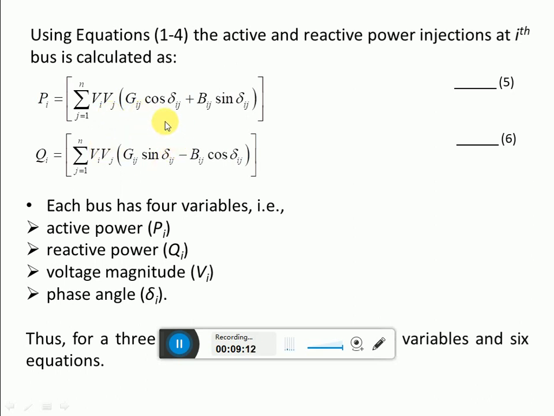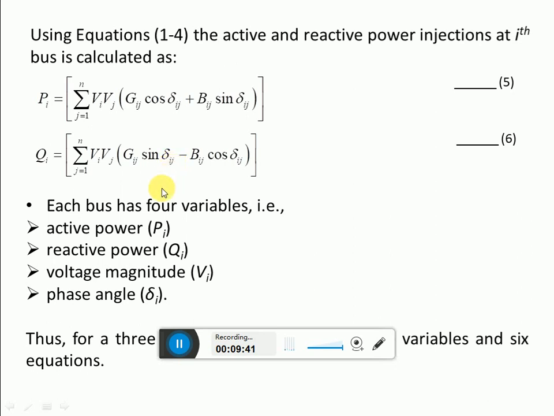Why? Because they consist of sine and cos terms. Looking at these equations, each bus has four variables: active power, reactive power, voltage magnitude, as well as phase angle.